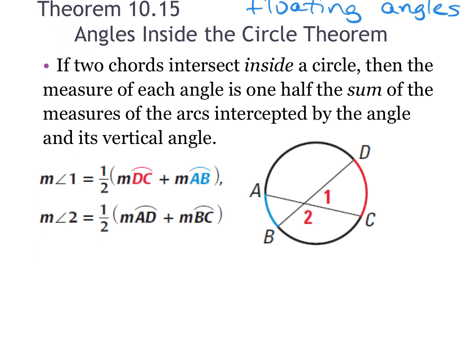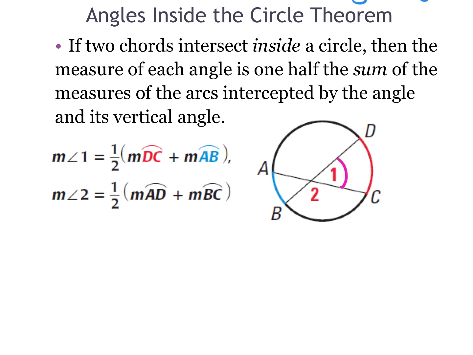So for example, if I wanted to find the measure of angle 1, what I would need to do is take its intercepted arc, which would be CD, and add it to AB, and then either multiply it by 1/2 or divide by 2. So let's say I told you that arc CD equaled 80, and arc AB would equal 40.